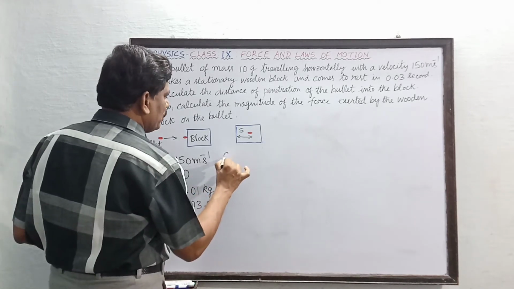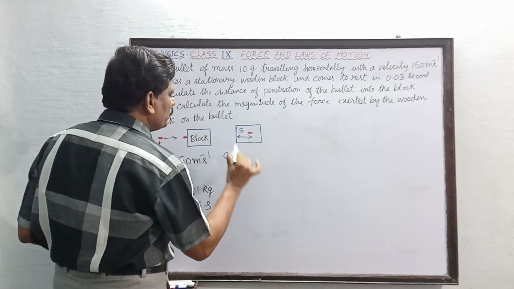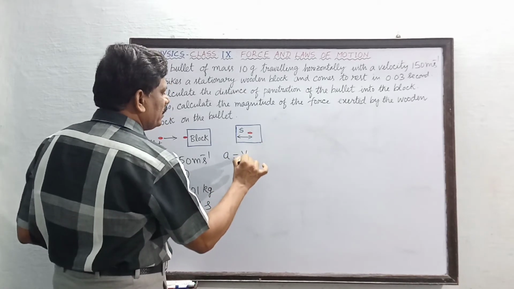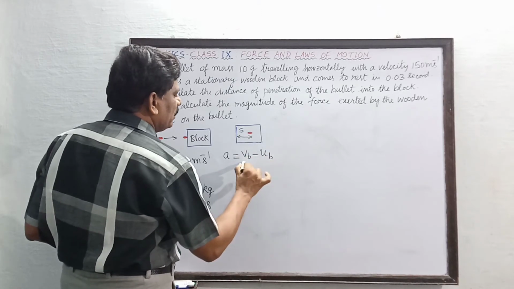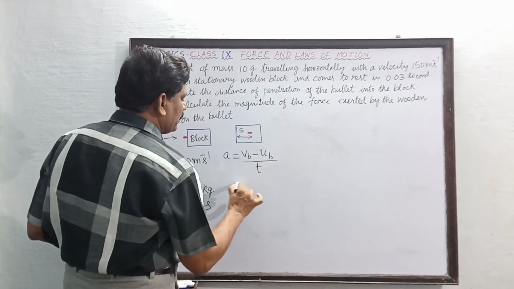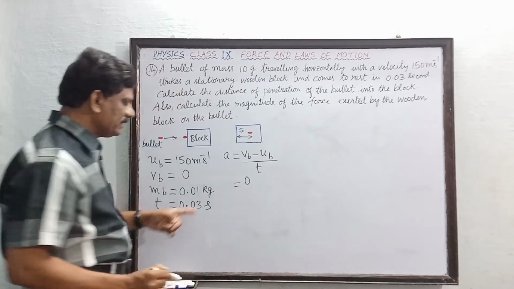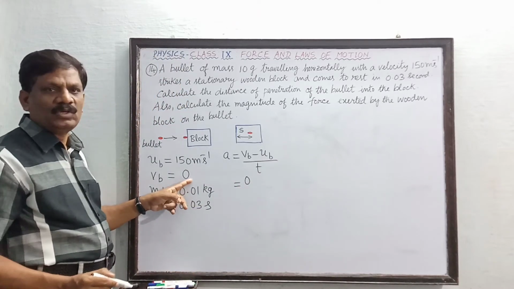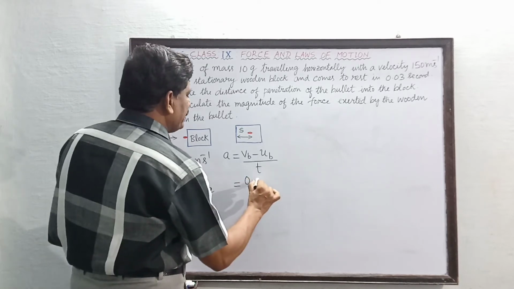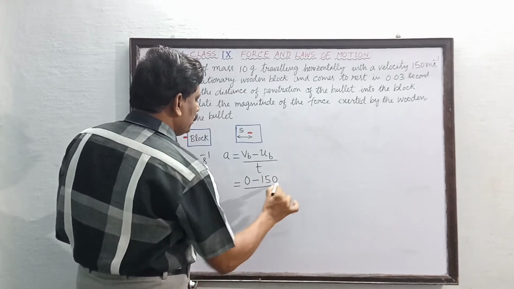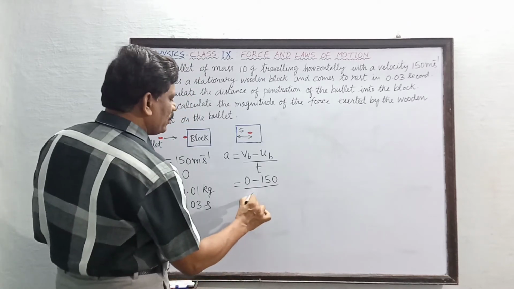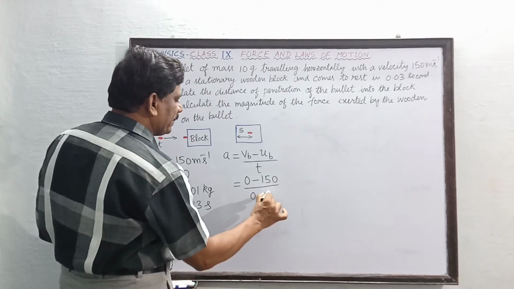The acceleration of the bullet is equal to the final velocity minus the initial velocity, divided by the time taken. The final velocity is 0 because it has come to rest, minus the initial velocity of 150, divided by 0.03 second.